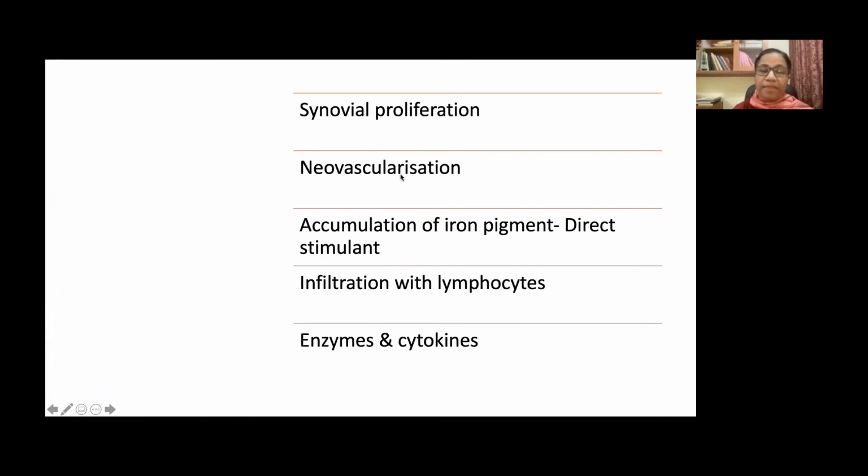So when some irritation to the synovial membrane occurs, there will be neovascularization and accumulation of iron pigment. Iron is a direct irritant, with infiltration by lymphocytes, cytokines, and enzymes. This is just the pathophysiology, and even in a chronic arthropathy joint, a pseudotumor formation can occur. That is also a chronic complication.